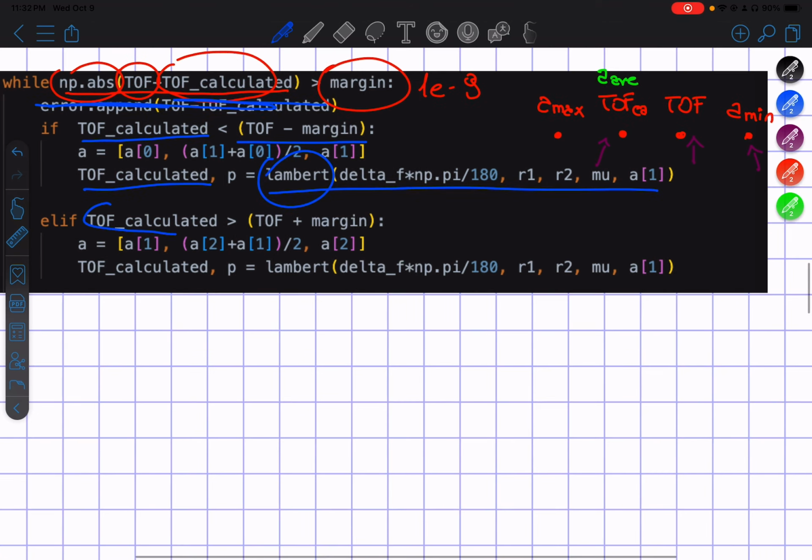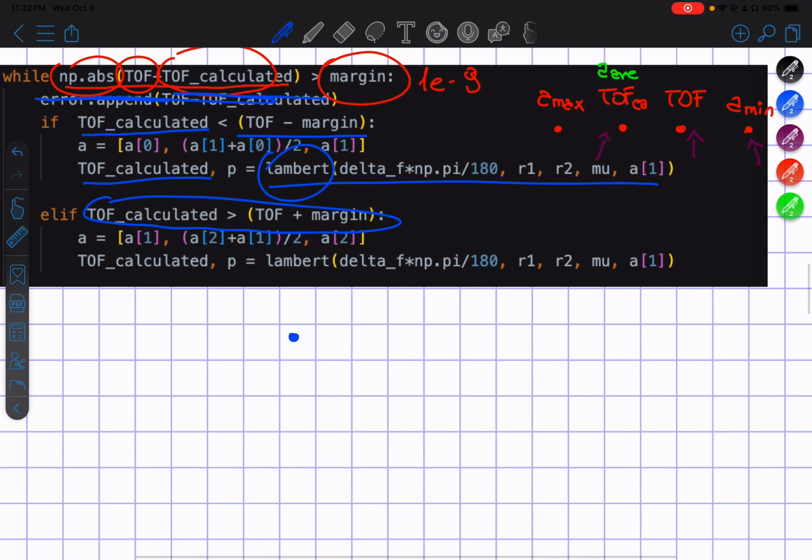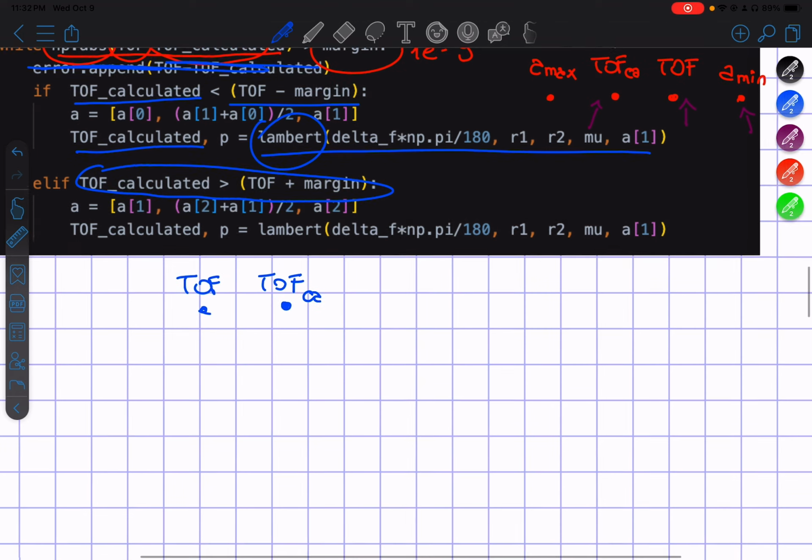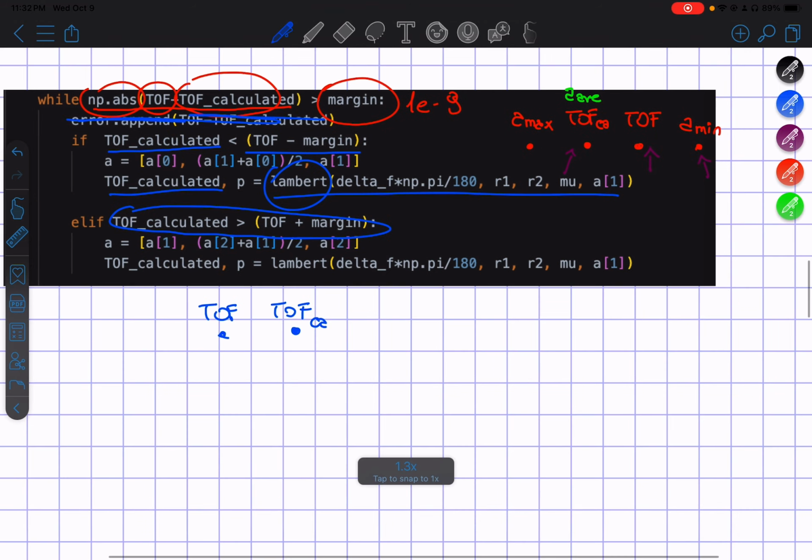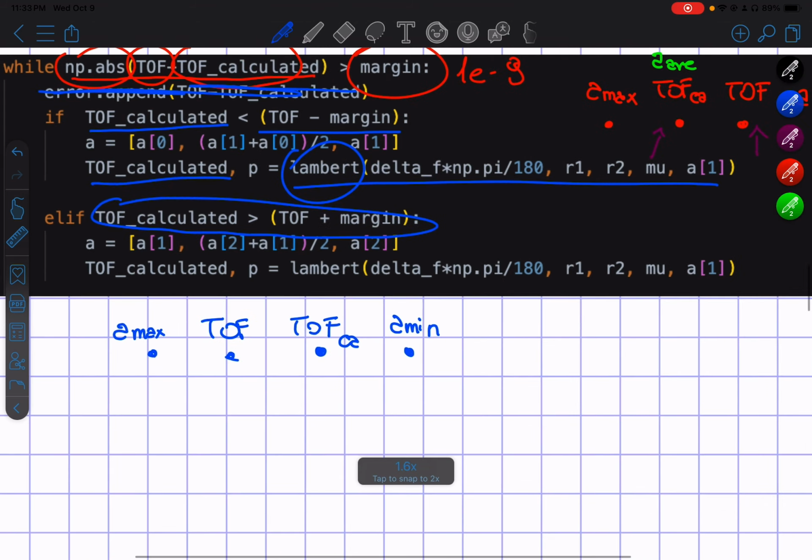However, if the time of flight is greater than the real time of flight, it means that we have the time of flight on the right side, CA, then the time of flight. Then we need to do the opposite because we had our A min on this side and our A max on this side. Okay, so we need to do this now.